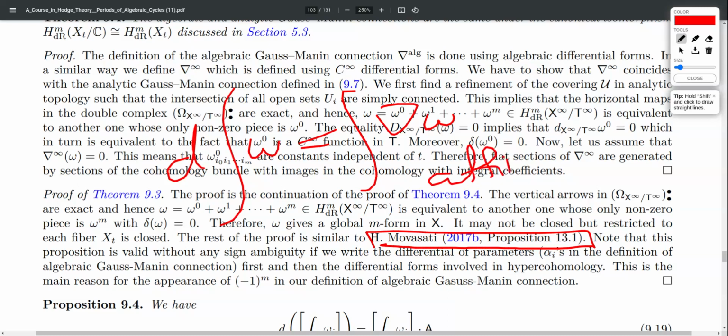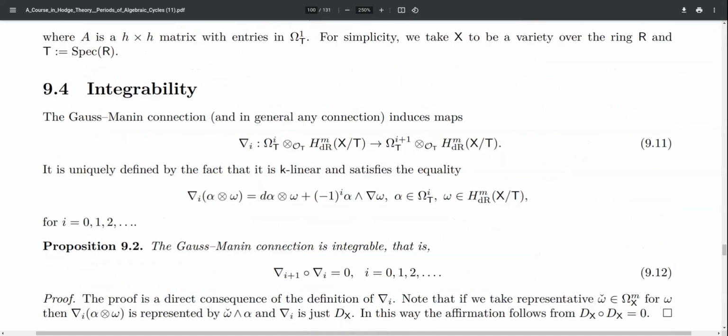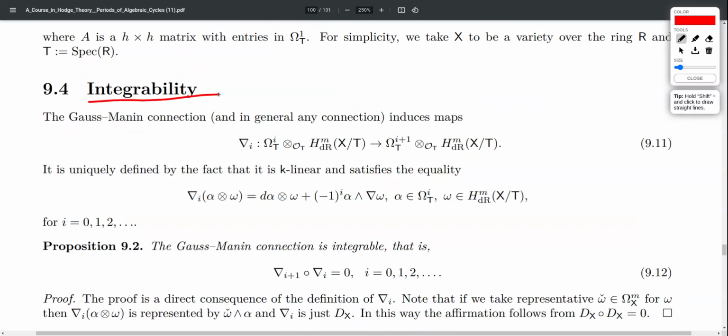In an affine variety, we don't really need to use hypercohomology because, by the Hodge theorem, elements of the de Rham cohomology are already represented by algebraic differential forms. So let's close this video with some fundamental properties of the Gauss-Manin connection. One of them is the integrability.